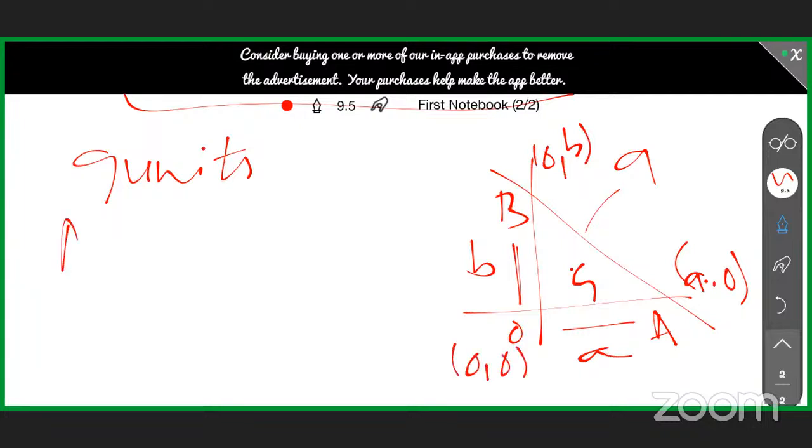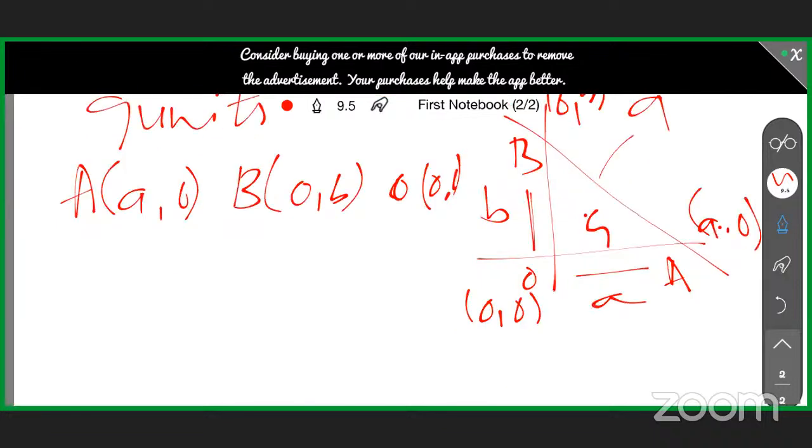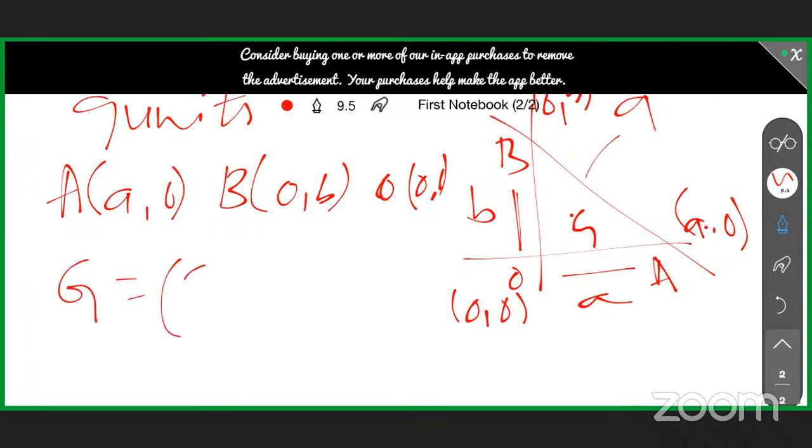So A is (A, 0), B is (0, B), and the origin is (0, 0). Therefore, the centroid of this triangle, G, is (A plus 0 plus 0 by 3, 0 plus B plus 0 by 3), that is (A by 3, B by 3). Yes or no?